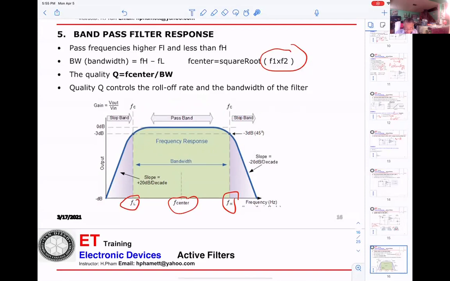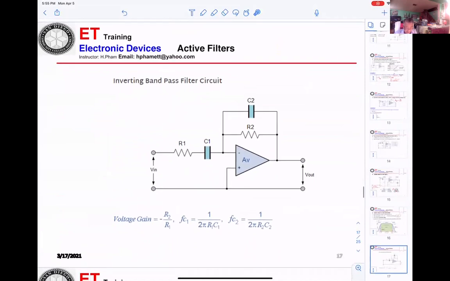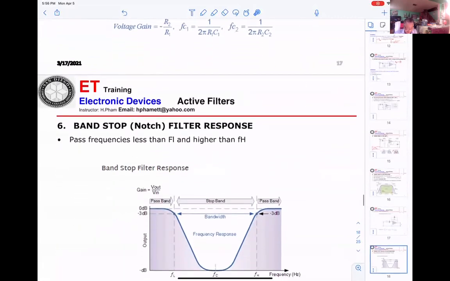Over F high and less than F low will be the stop band. They allow only signals with frequencies between F high and F low. These are just different circuitry, okay? They must tell you the name of the circuitry, otherwise you cannot recognize it.